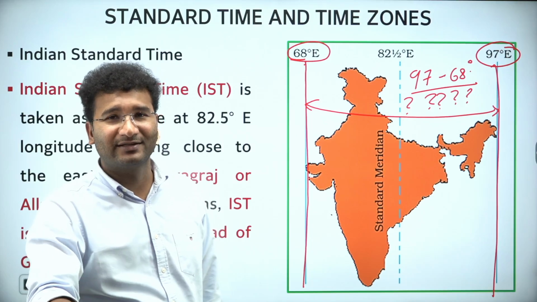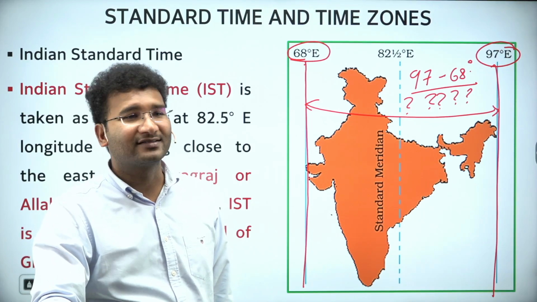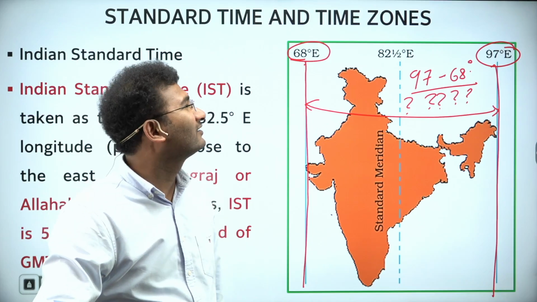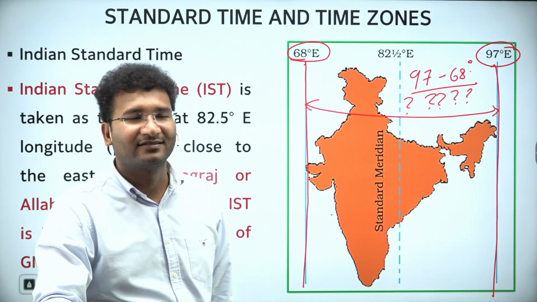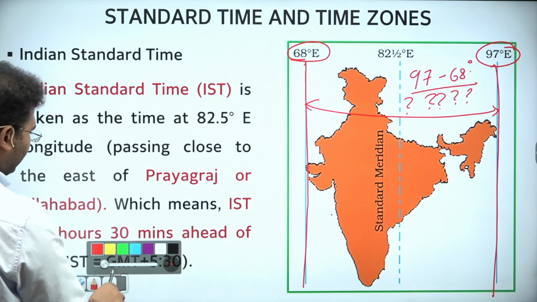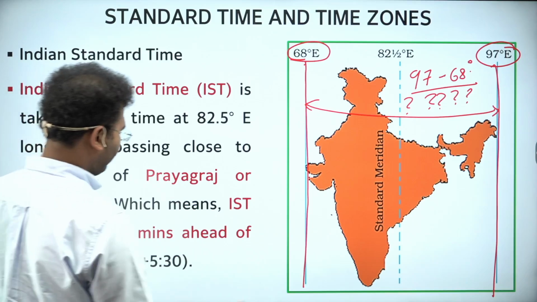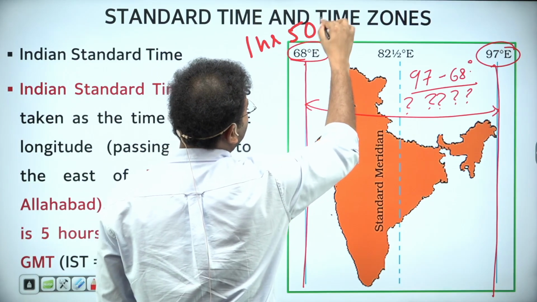Just calculate and tell me. Yes. No, it's not 30. Okay. So whatever the number is, in simple terms, there is a time gap of 1 hour 50 odd minutes, 50 plus minutes.